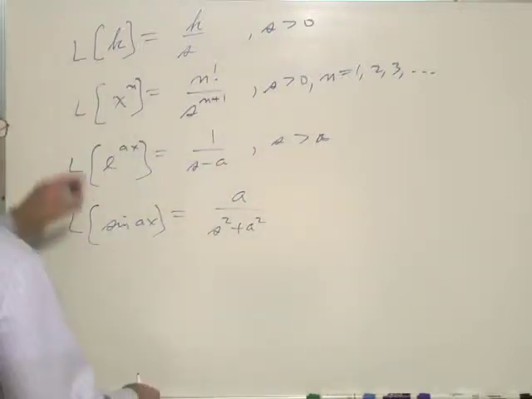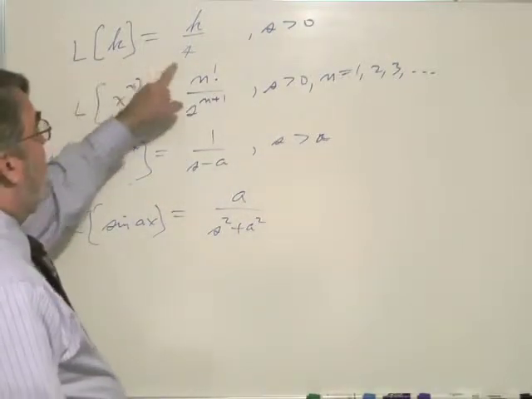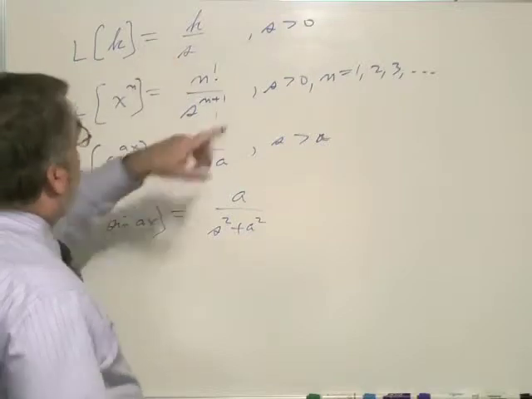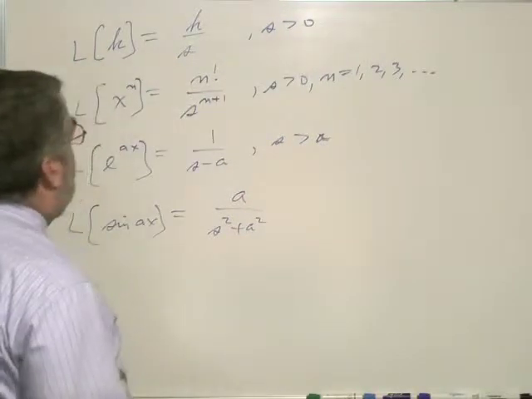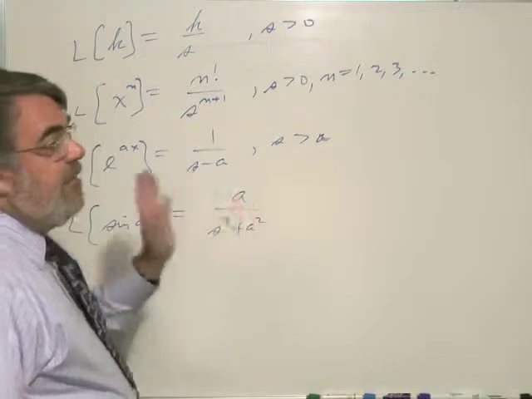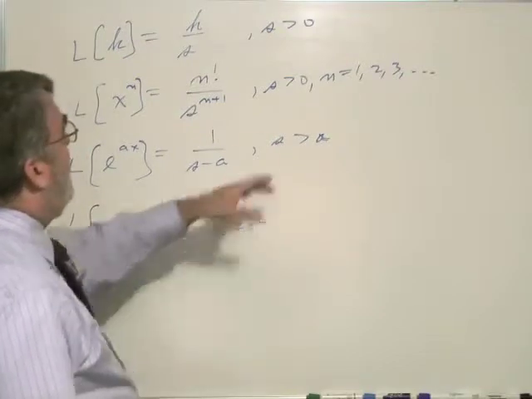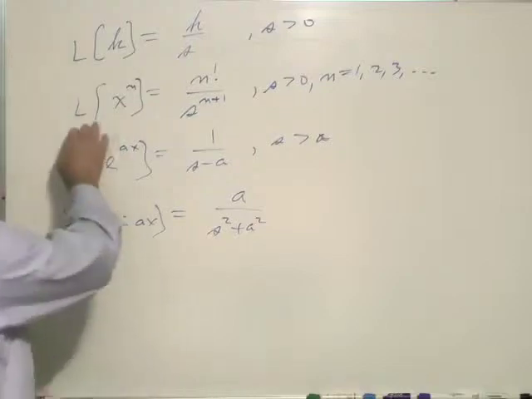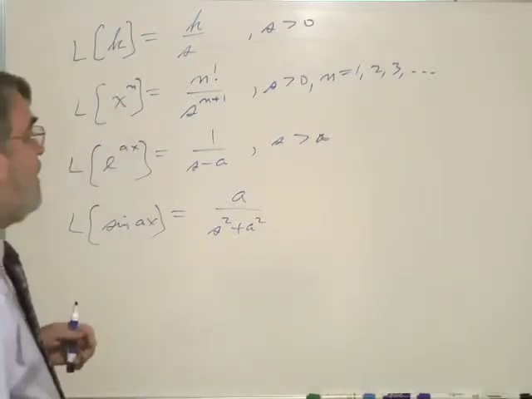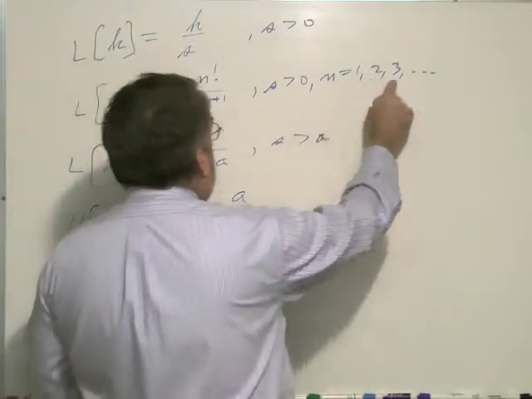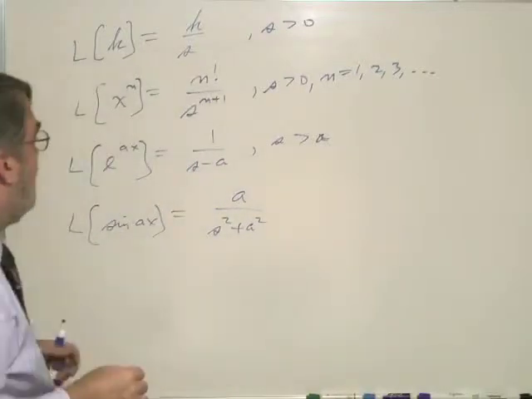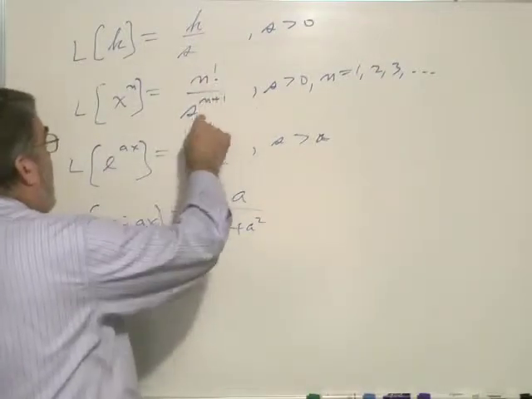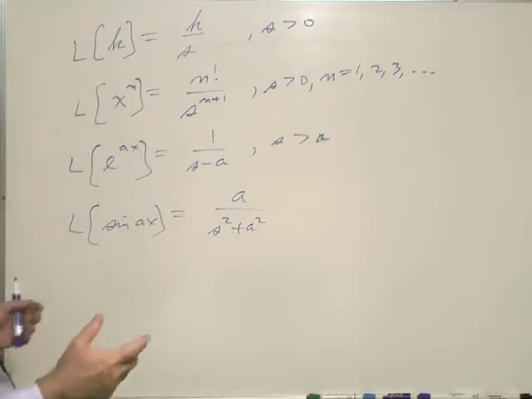And the Laplace transform of a constant k is k over s, where s is greater than 0. The authors are very rigorous about their work, so they have to specify certain things that make this work. The Laplace transform of a power of x, x to the n power, where n is a positive integer, would be n factorial over s to the n plus 1.